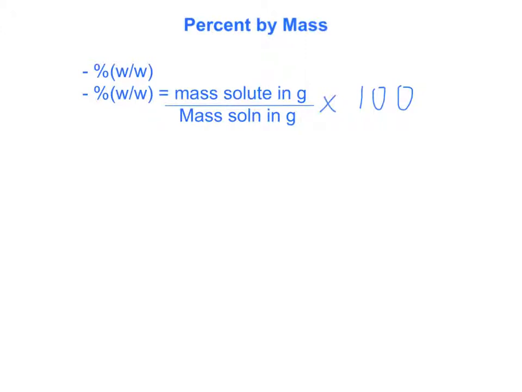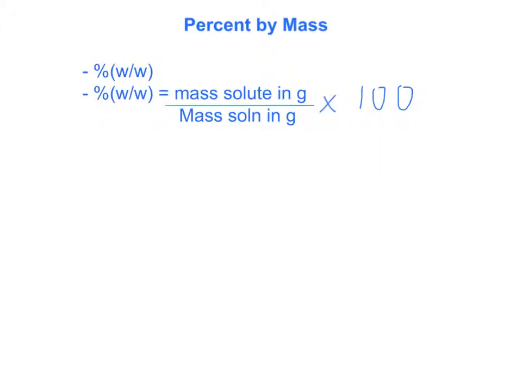Right, so we denote percentage by mass by looking for percent W divided by W. Kind of stands for percent weight divided by weight. So percent by mass is the mass of the solute in grams divided by the mass of the entire solution in grams, and then times that by 100 to make it a percent.